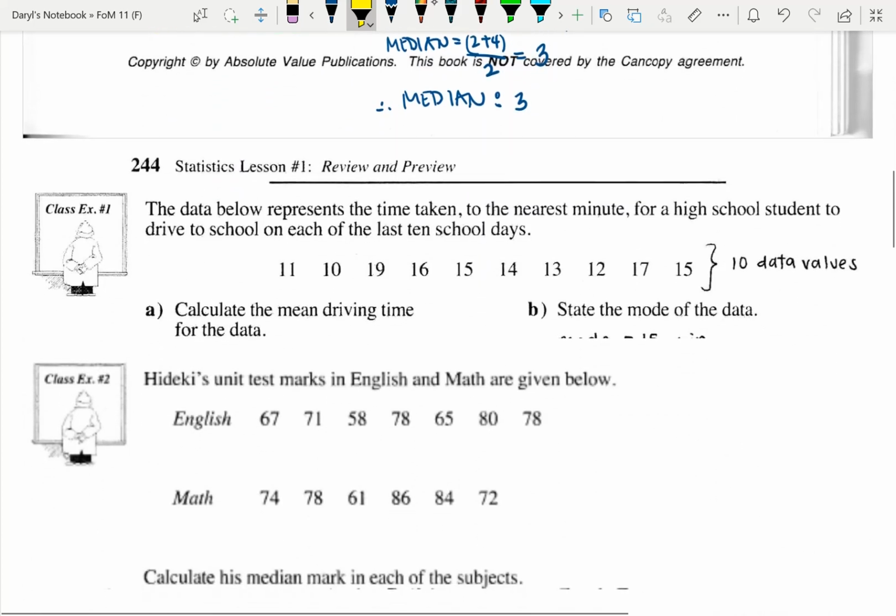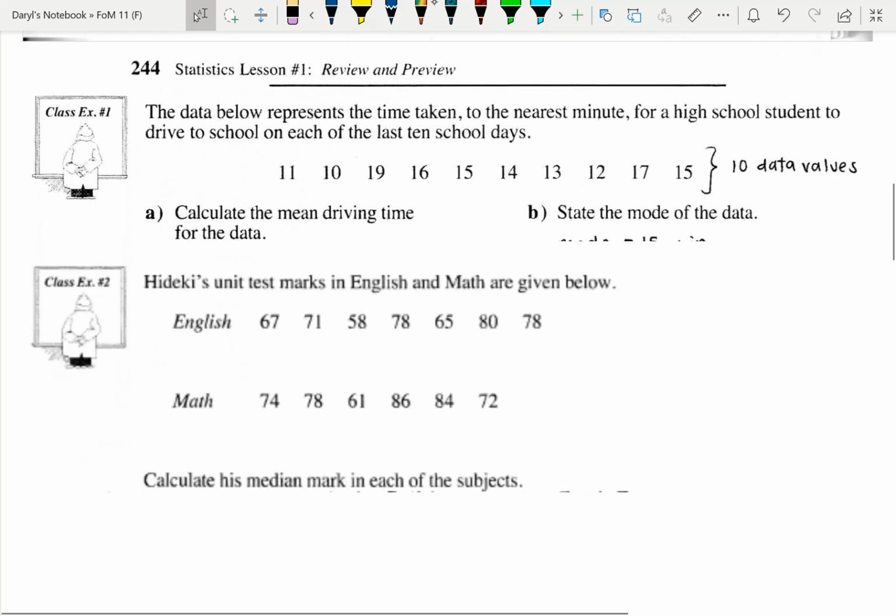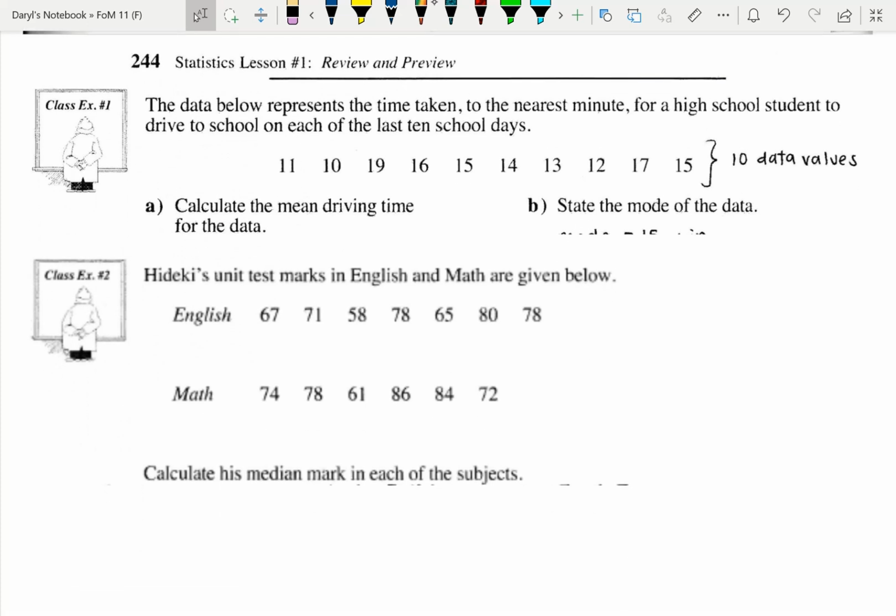Let's go to the next page of your workbook. Example number 1. The data below represent the time taken, to the nearest minute, for a high school student to drive to school on each of the last 10 school days.